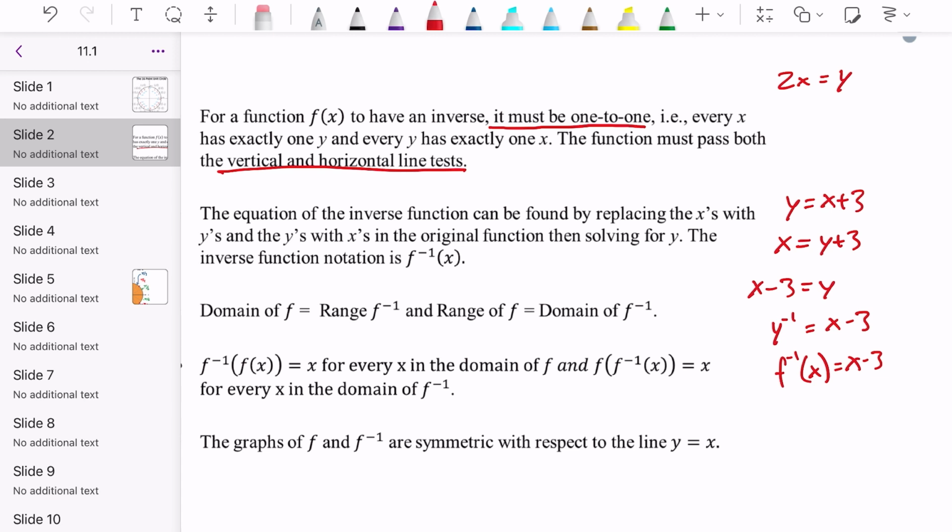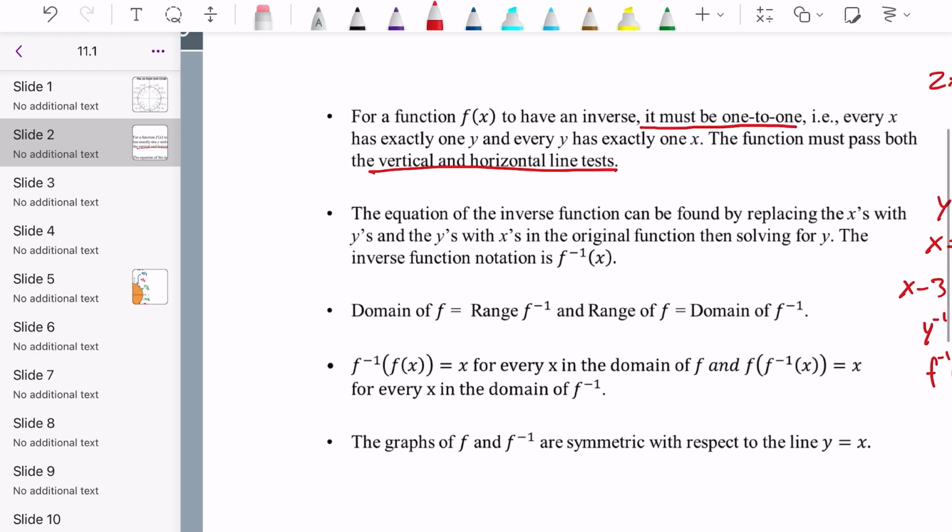Let's take a look at the next point. The next point states the domain of our function is equal to the range of our inverse. What that means is that as we have a specific problem, let's say we talk about a point. If a point had 2, 3 as its coordinates, to find the inverse, they would take each other's place within that x or y.